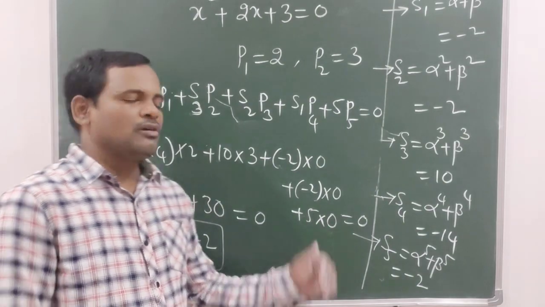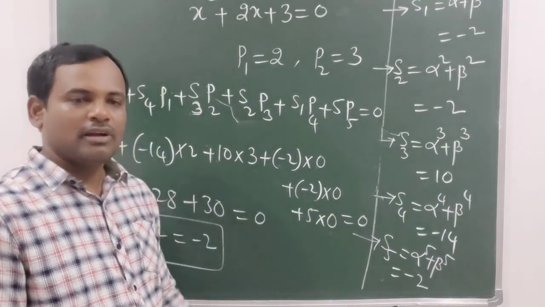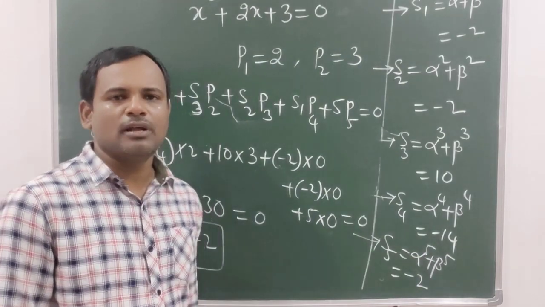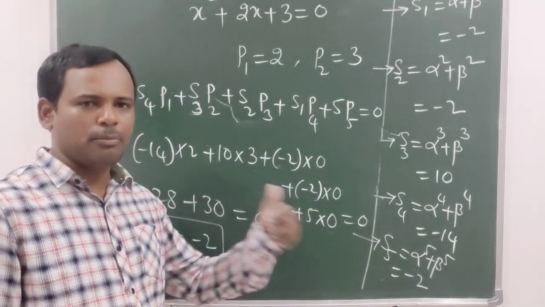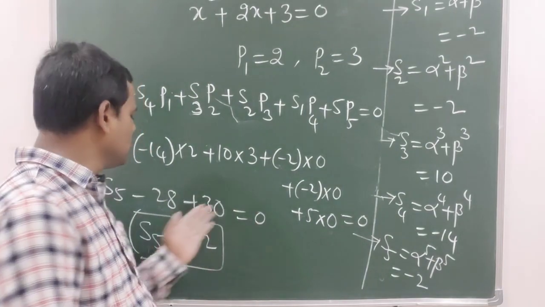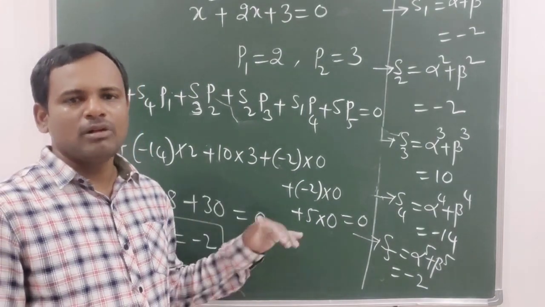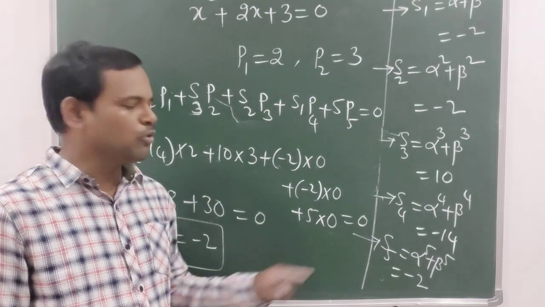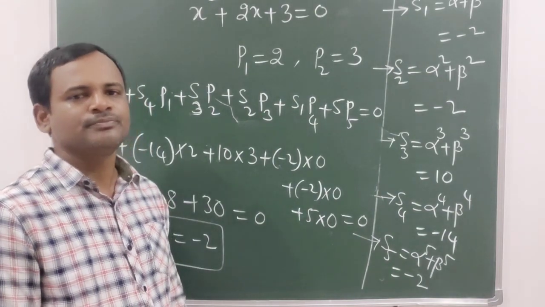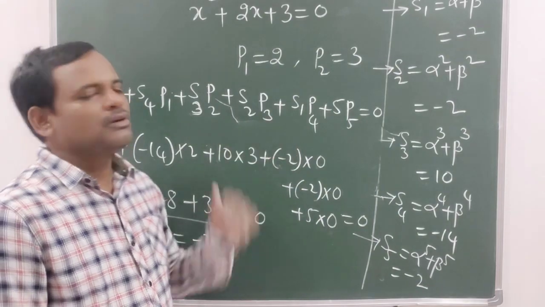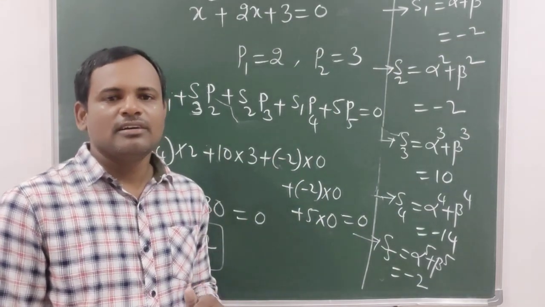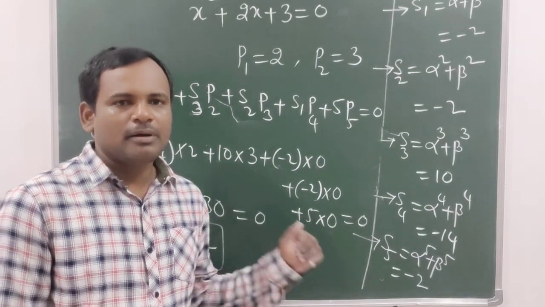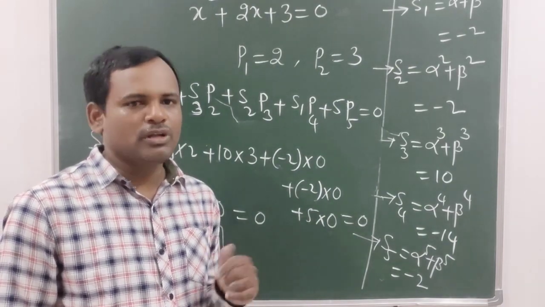In competitive exams, we expect up to alpha power 5 plus beta power 5. If alpha power 6 plus beta power 6 is given, then you apply one more step to get that. More than that, they don't ask you. Okay? So this is called the Newton method, given by Newton.